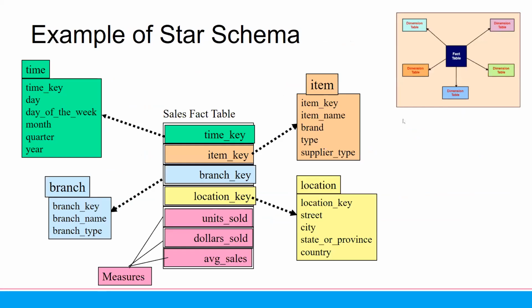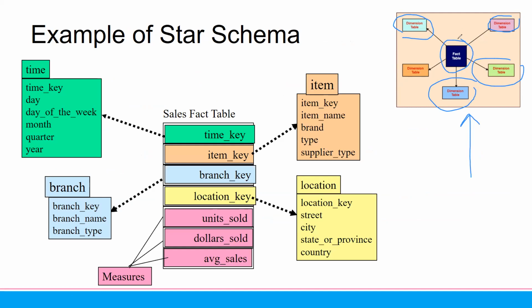In the star schema, I show you in this part, we have a lot of dimension tables surrounding the fact table. What is the fact table?